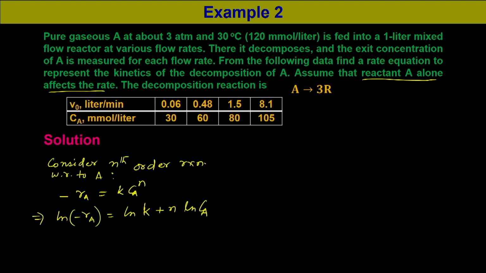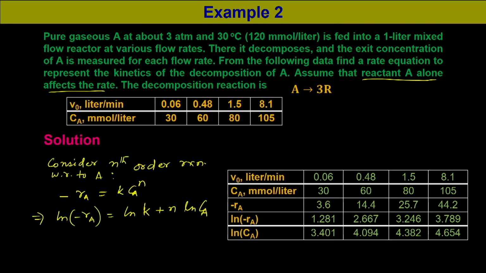So, now we can calculate the data. We have calculated different r_A values and we know the concentrations. So, we can calculate the term ln(minus r_A) from these data points, and since we know the concentration for each rate, we can calculate ln C_A.